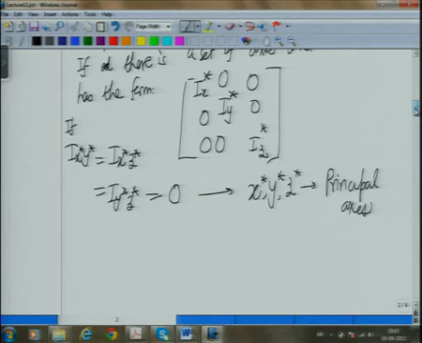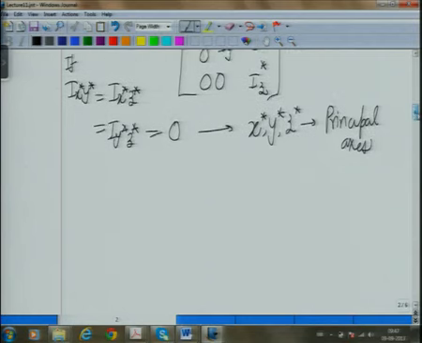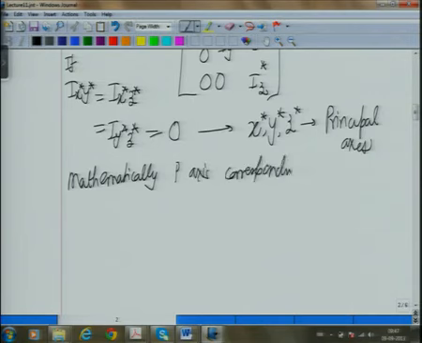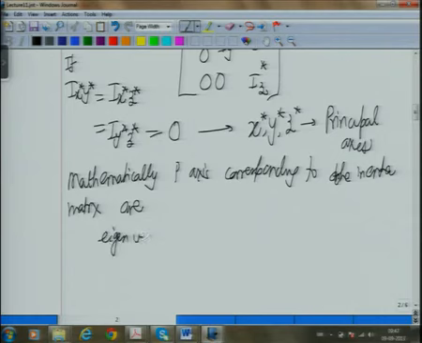We will use some of the properties to show some nice details, but mathematically, the principal axes corresponding to the inertia matrix are the eigenvectors of the inertia matrix.